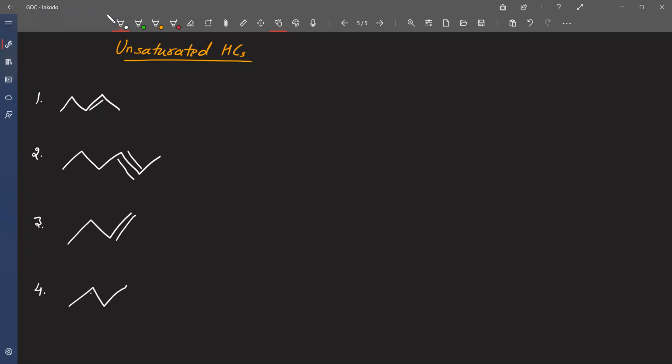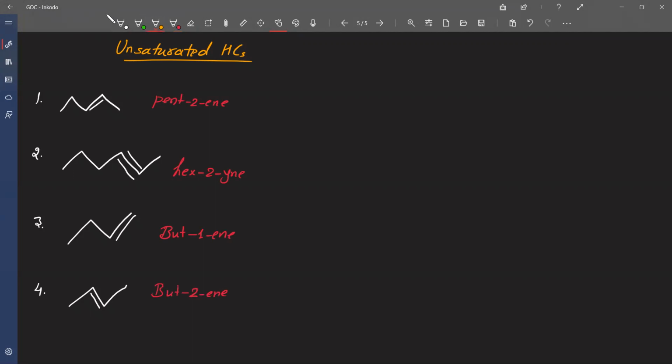First one is pent-2-ene. Second is hex-2-ene. Third is but-1-ene, and fourth one is but-2-ene.